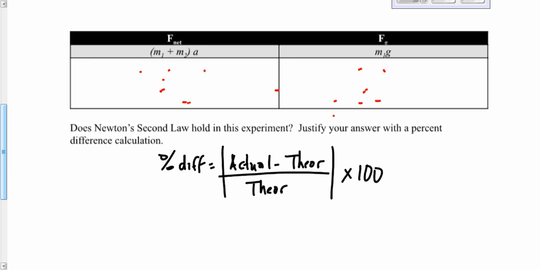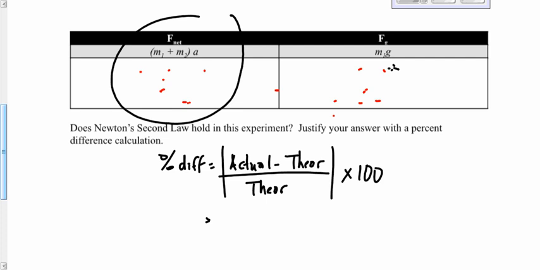So in this case, we would say the actual is what? What would be the actual? What would be the theoretical? Theoretically, this force that we got from our graph should equal the value that we got in the first place, which is just m1 times gravity, right?